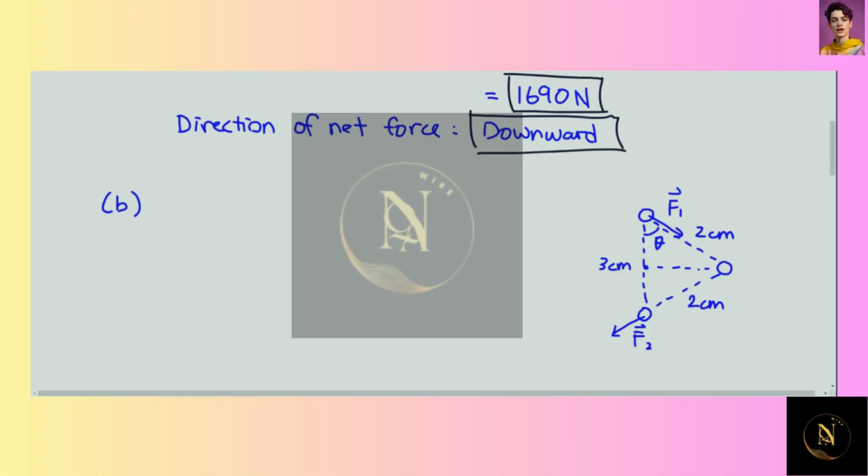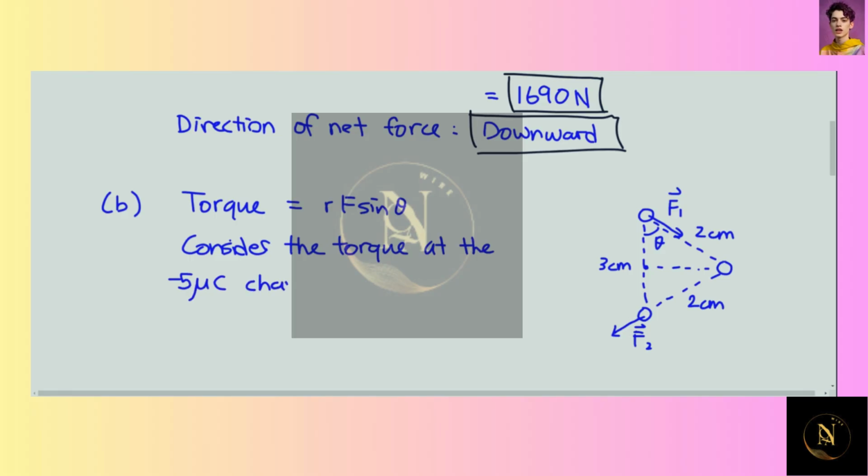To find the torque, the formula is r F sine theta, so we need to choose a reference point. Consider the torque at the negative 5 microcoulomb charge. The reason is that this is a couple.